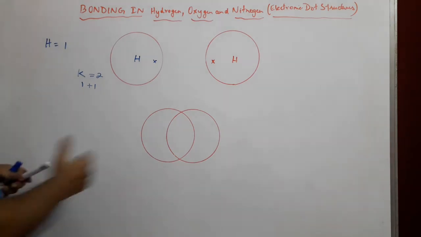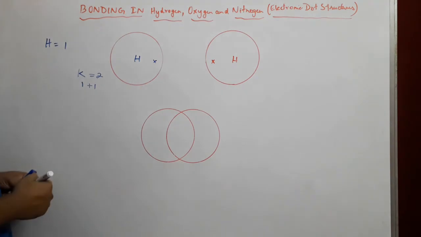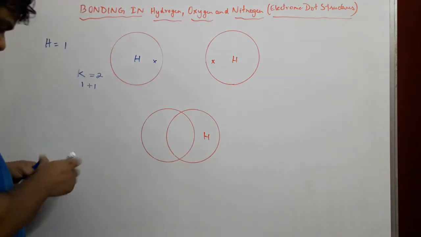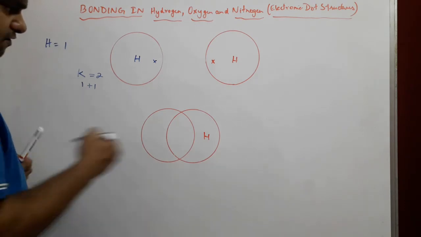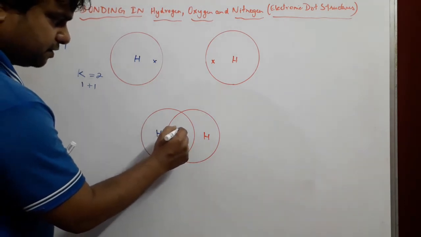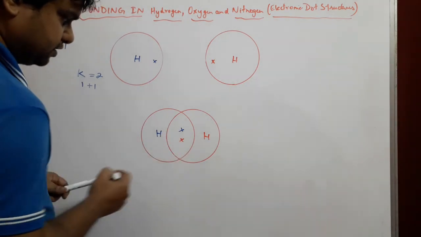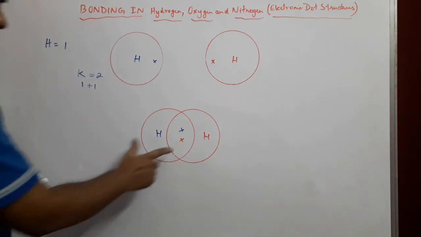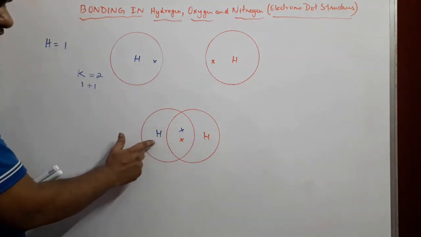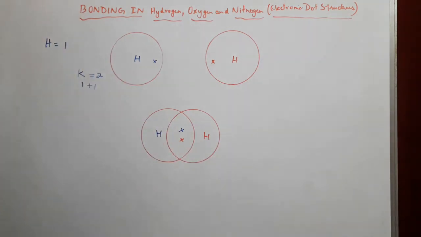When hydrogen atoms pair up with hydrogen atoms, it looks something like this. We have a hydrogen atom over here and a hydrogen atom over here, and then there will be sharing between the two in this fashion. This electron comes from this atom and this electron comes from this hydrogen atom, and this is how the sharing takes place.